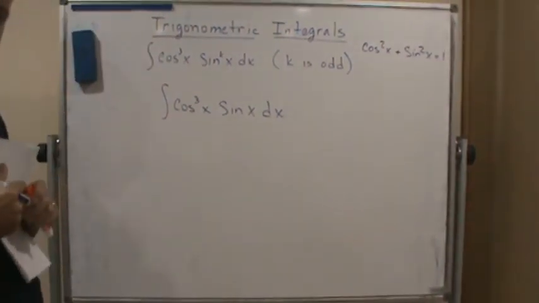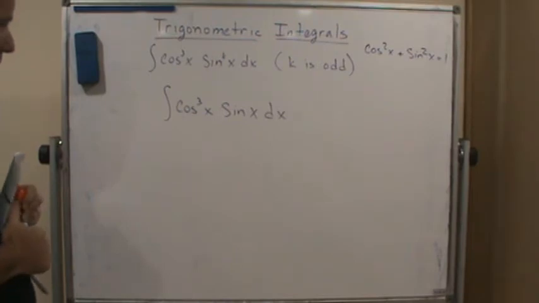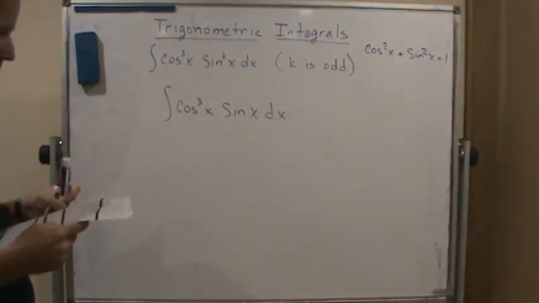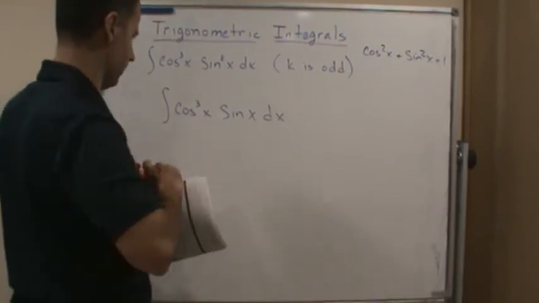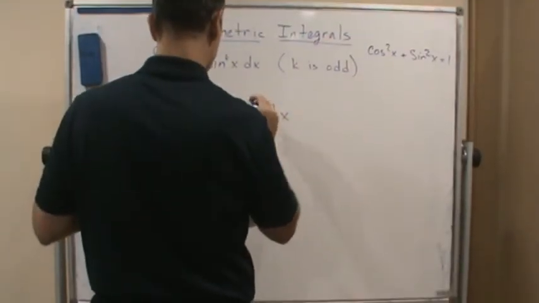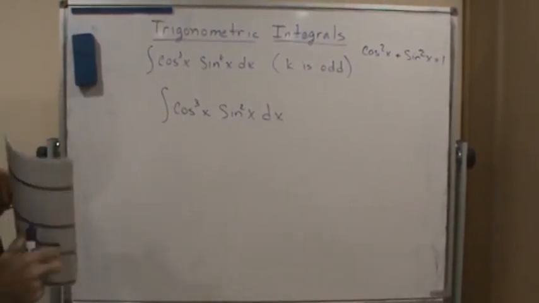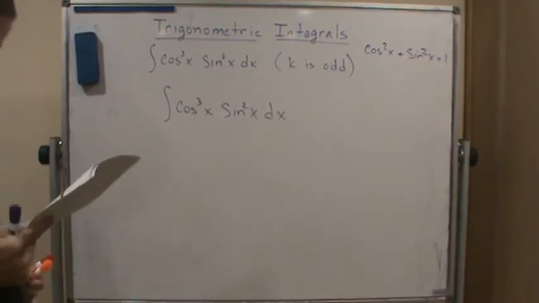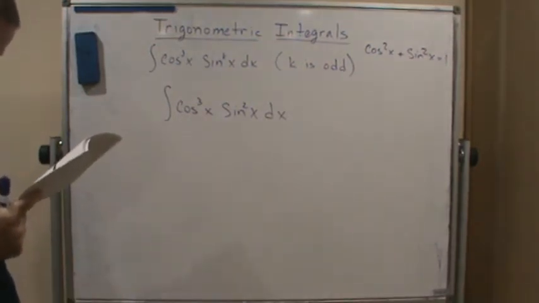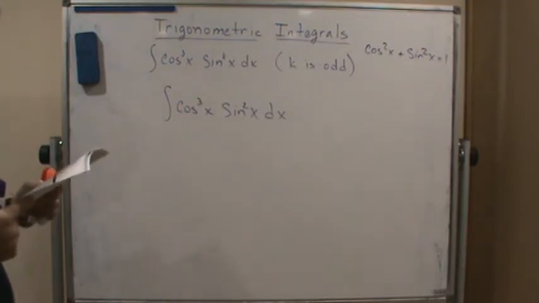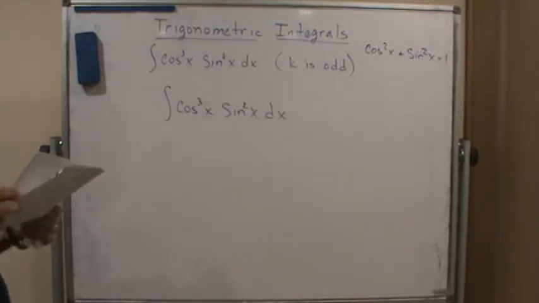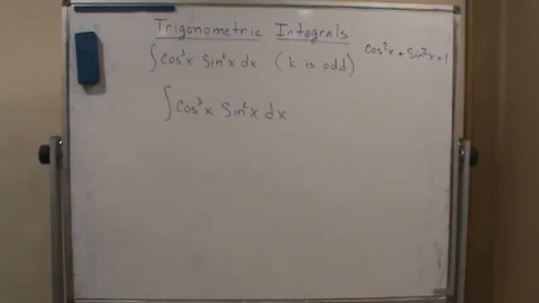Okay, so in this example, notice that cosine has an odd power.